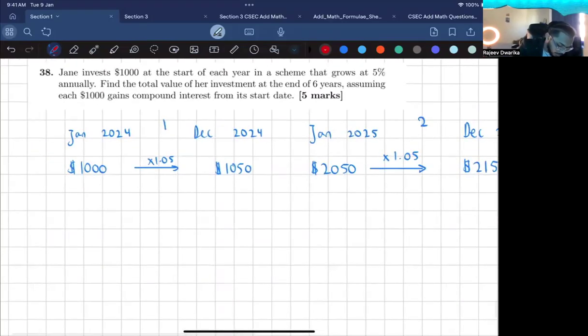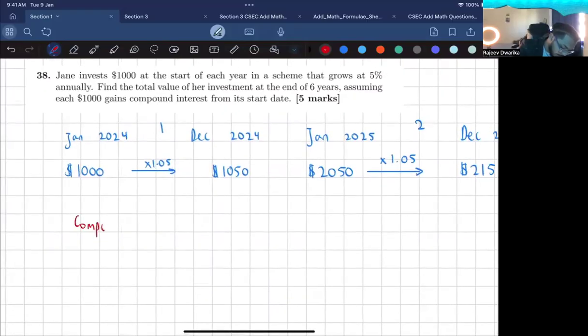Let me try to find the compound interest for that. So that'll be equal to 1,000 by 1 minus 0.05. Actually, no, it wouldn't be minus 0.05. It would be plus.